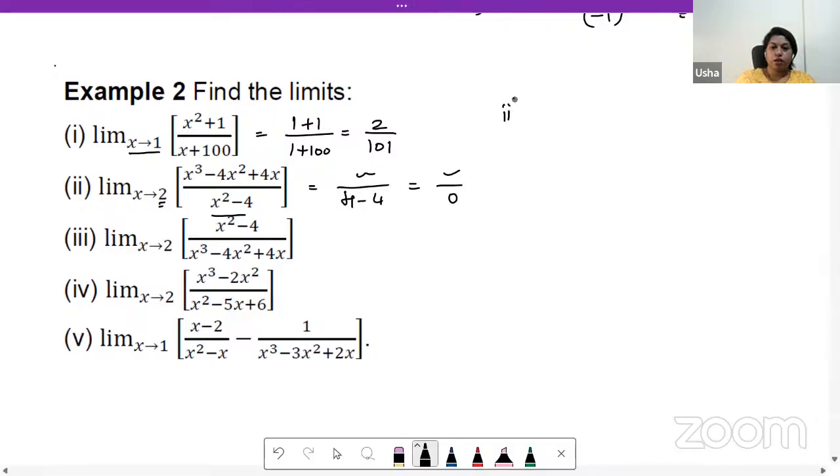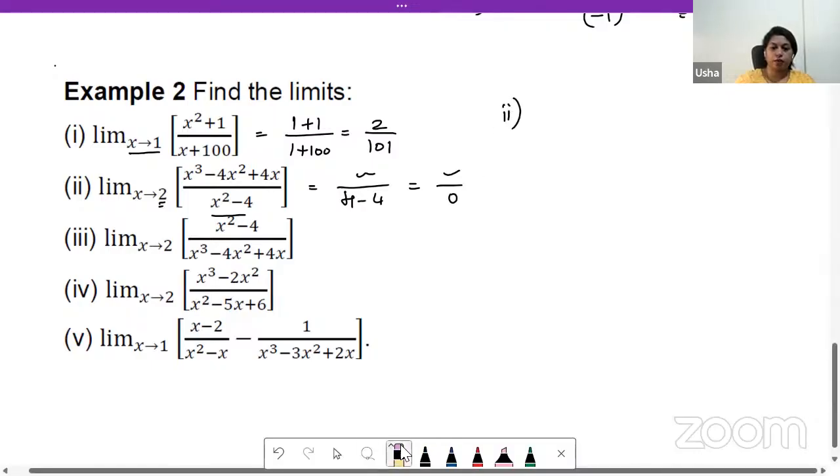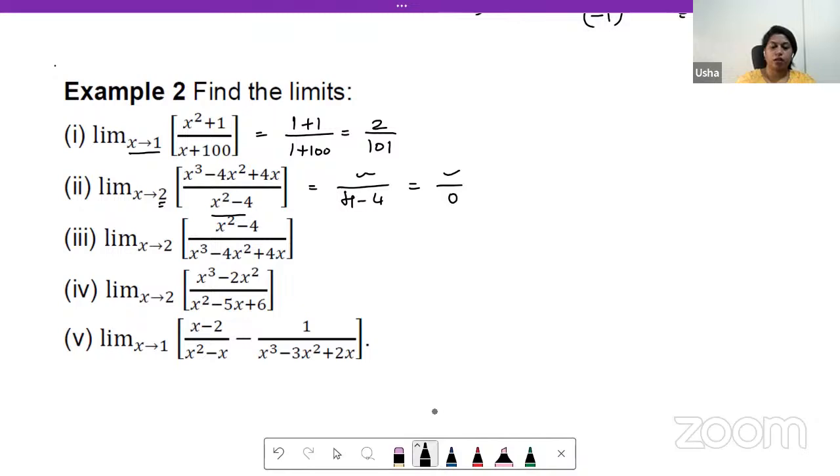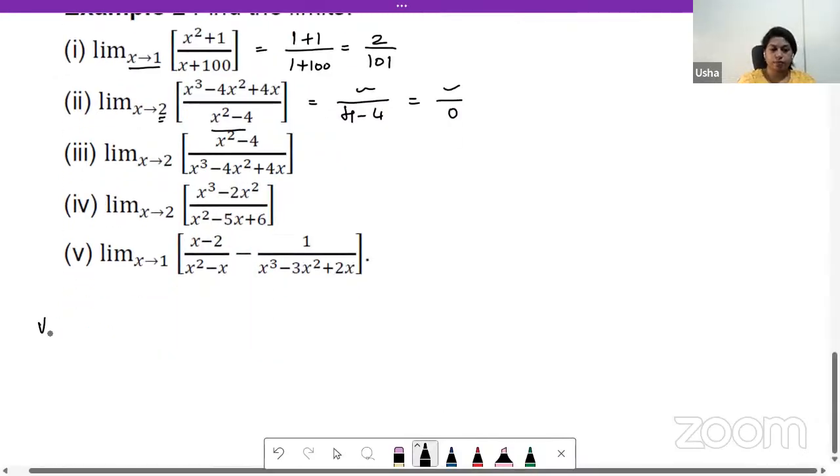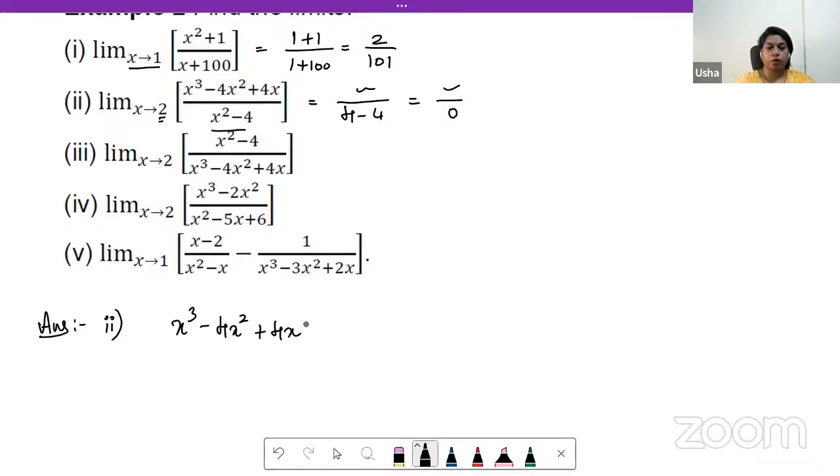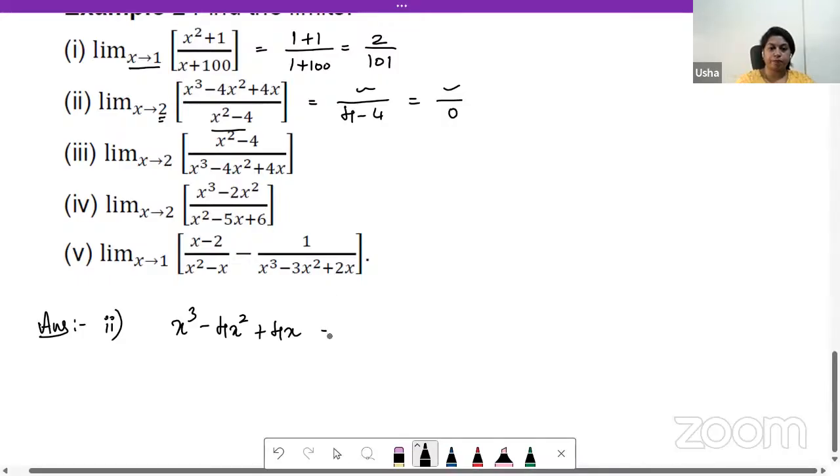So for the second question, the first question needed no such simplification. But in the second question, the numerator is x cubed minus 4x squared plus 4x. I will take out x as a common factor.